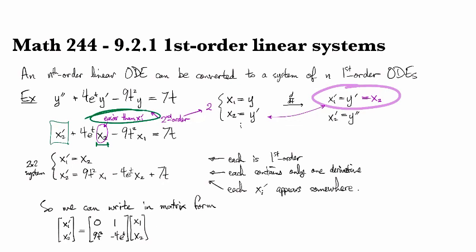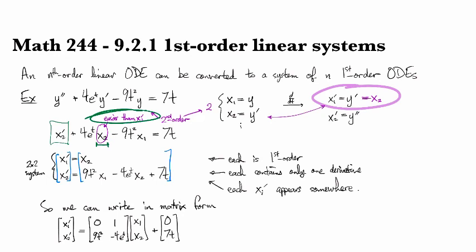And then for the non-homogeneous part, there's nothing in the first equation, but the other one's got a 7t in it. And so if you multiply out that matrix and do the vector addition, you'll see that we get exactly back to this one here.